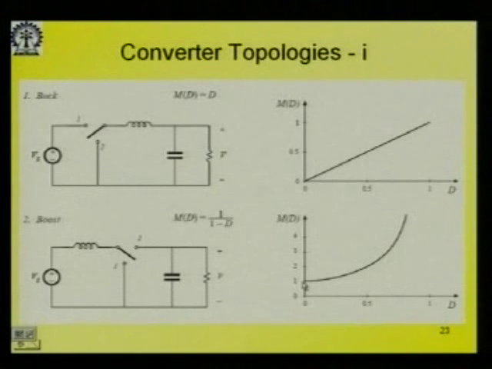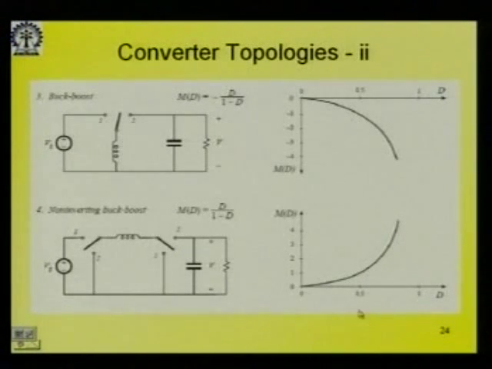So it starts with the magnification 1, and then as you increase the duty ratio to, say, 0.9, the magnification will be going to 10, and then at D equal to 1, theoretically it will go to infinity.